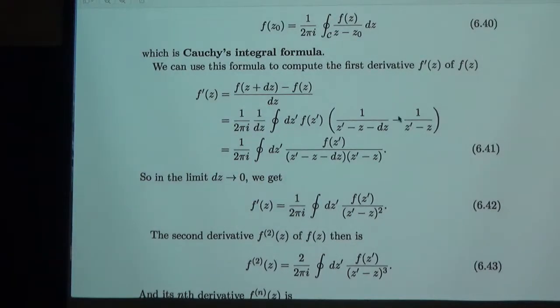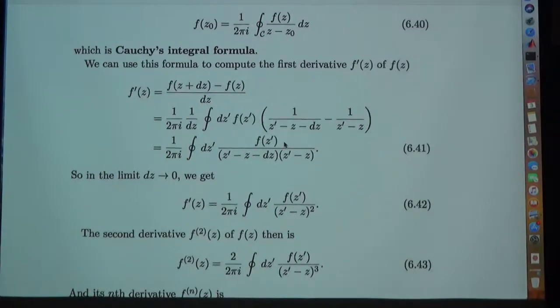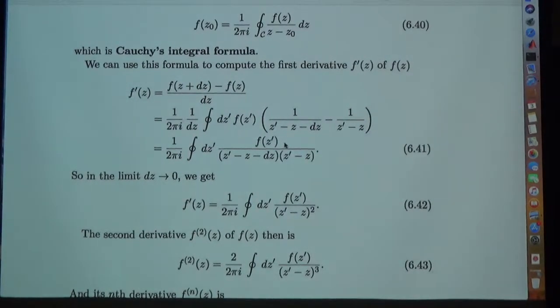Now we combine these two things together, and the part in the numerator just leaves us with just 1. And we get this expression here. We send dz going to 0 and we get this.